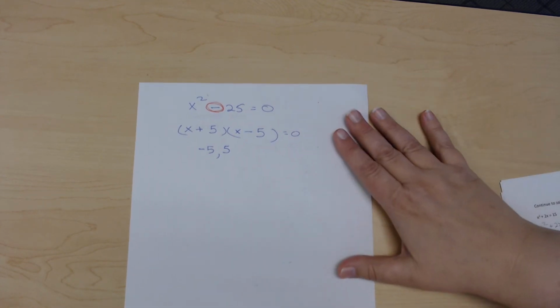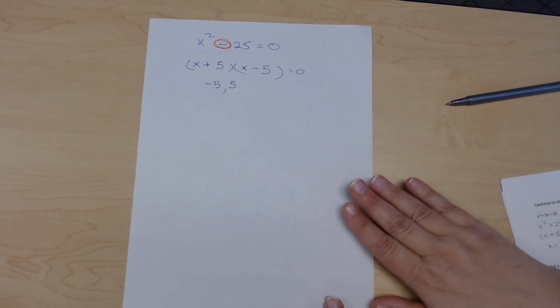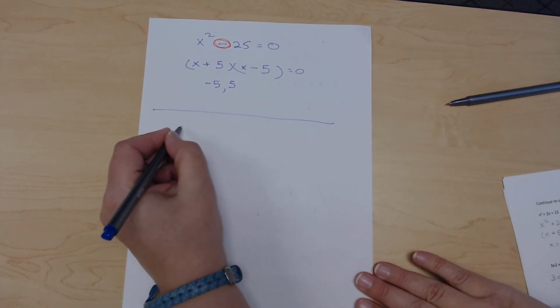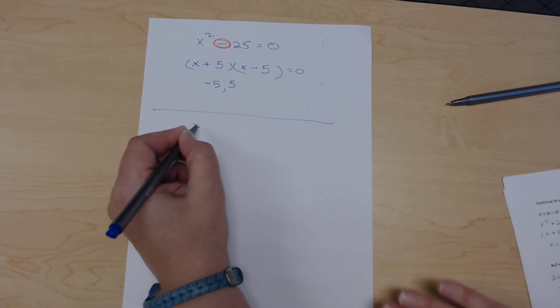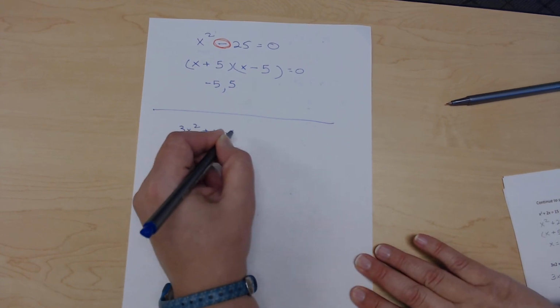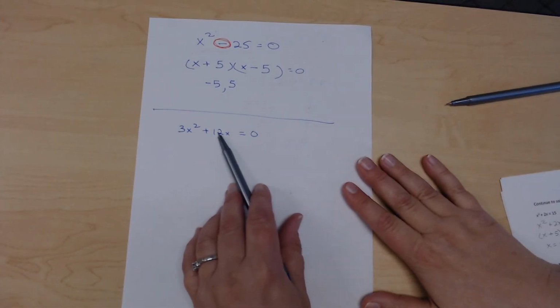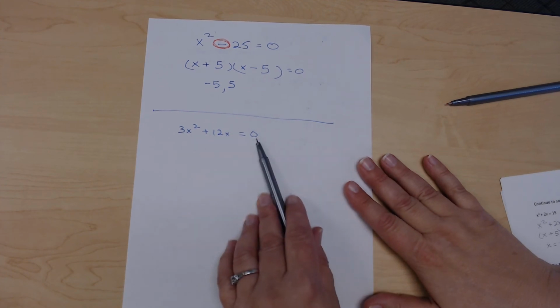One last type of factoring. Okay, let's take a look at this one. This is on the note sheet. 3x squared plus 12x equals 0. So we have a third type of factoring, last type of factoring. Everything's to one side. It's equal to 0.